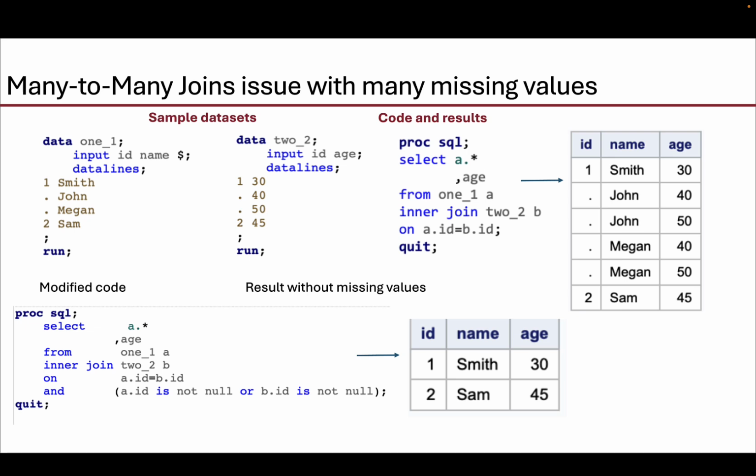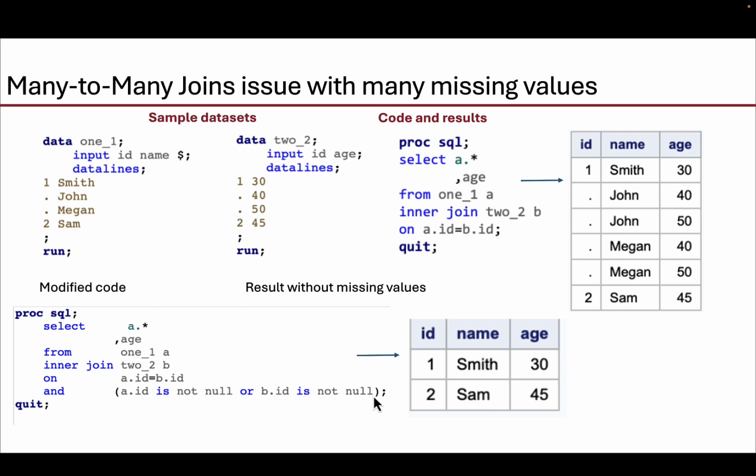So how do we avoid this kind of join? To avoid this, what we can do is add an AND condition to this code. Something like this, wherein we are saying and a.id is not null or b.id is not null.